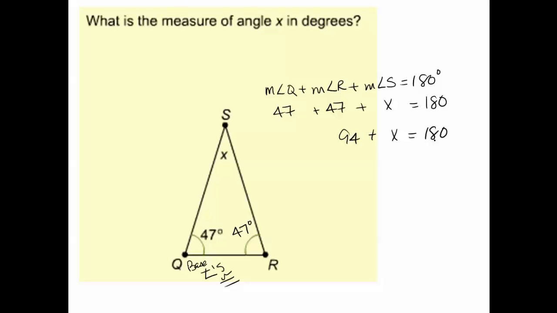And then 180 minus 90 is going to give me 90, minus 4 gives me 86. There we go. So the value for x in degrees is 86 degrees.